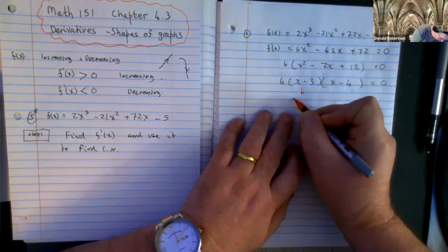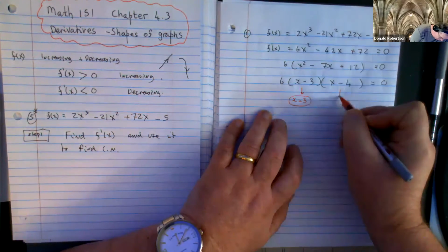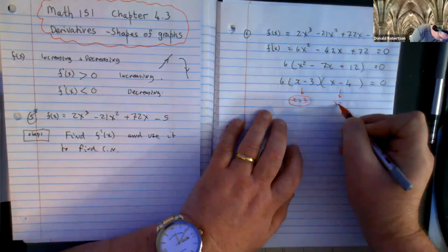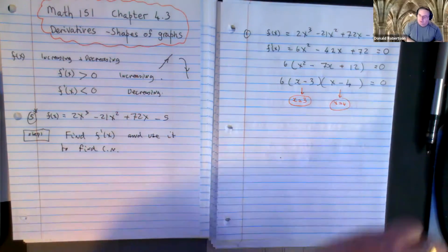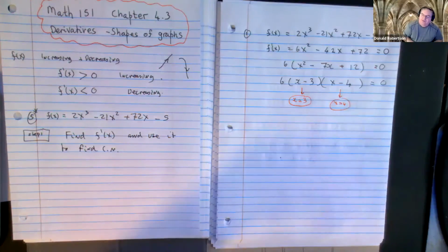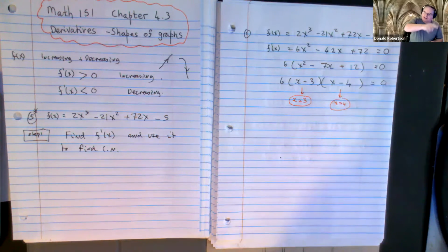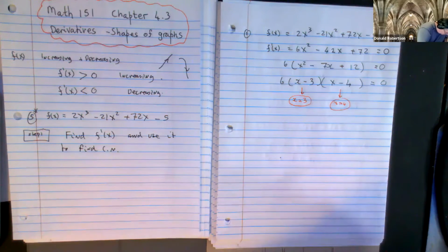One of them is at x equals 3, and the other one is at x equals 4. Critical numbers, places where the derivative is 0 in this case, are going to be the points where an increase turns into a decrease, or a decrease turns into an increase. Something's going to change very often at these places. And that's step 1.